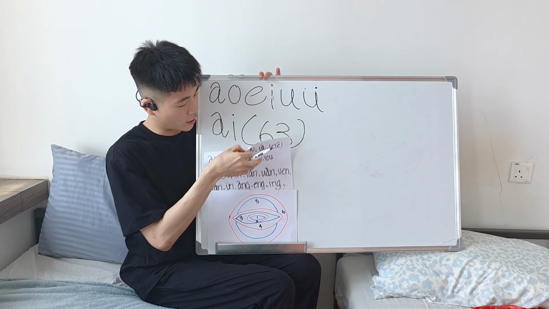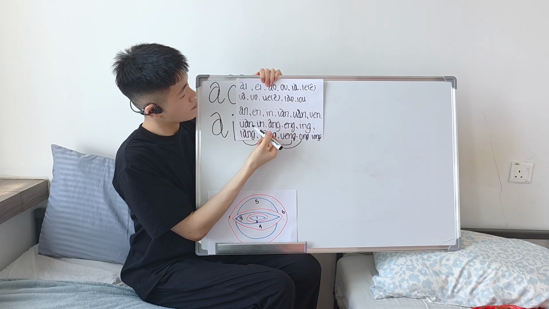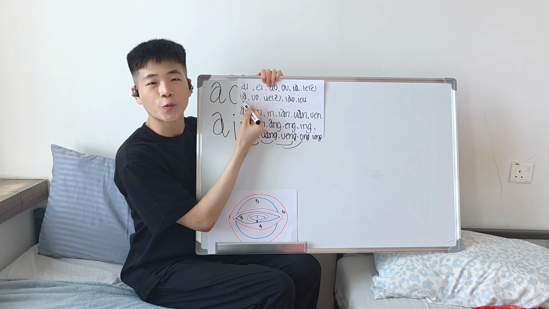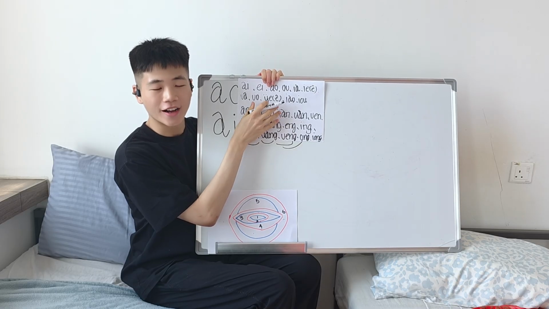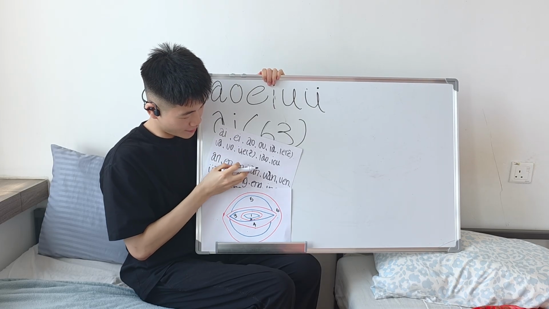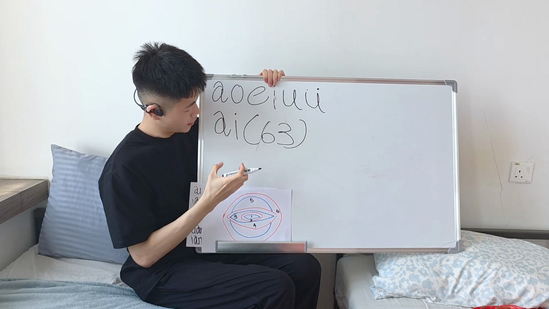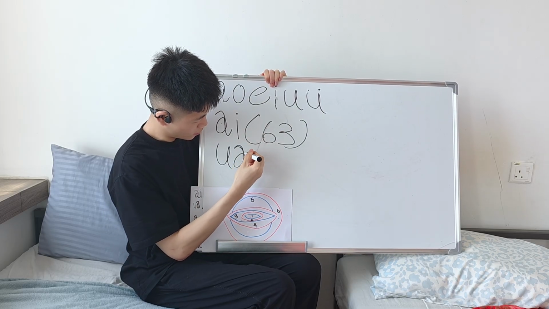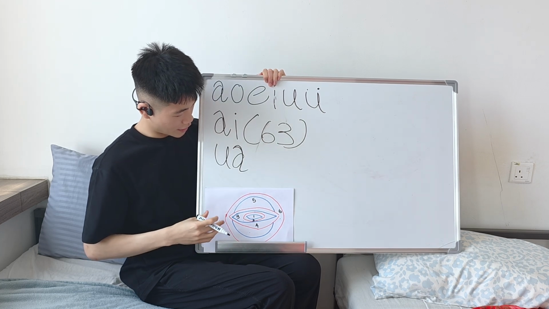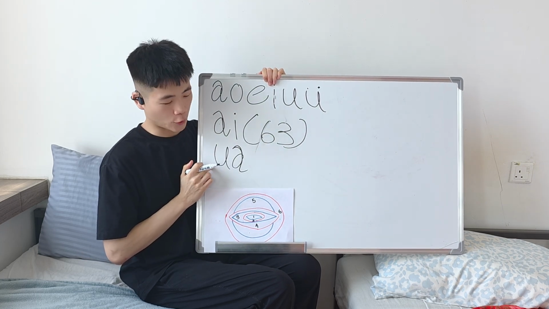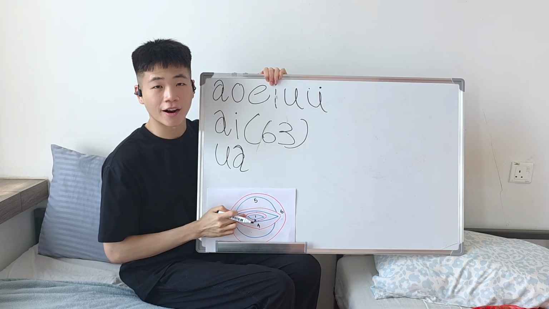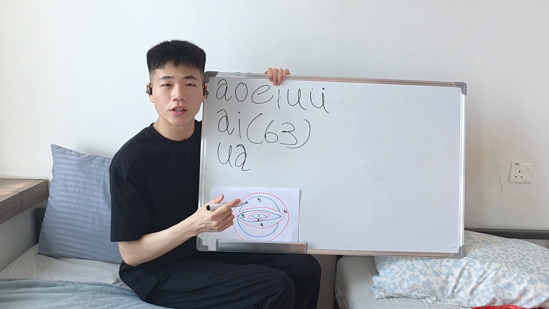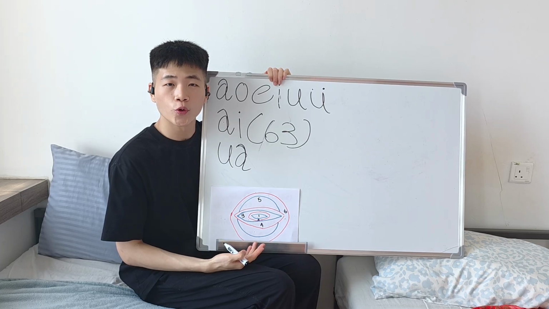Okay, let's try another one. For example, let's do Wa. It's very easy. Wu is number 2, right? Number 1 is Yu, 2 is Wu.